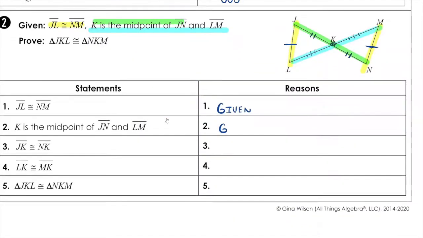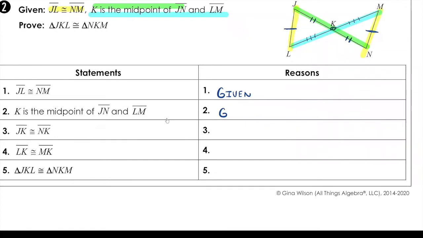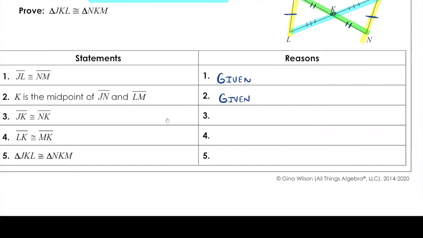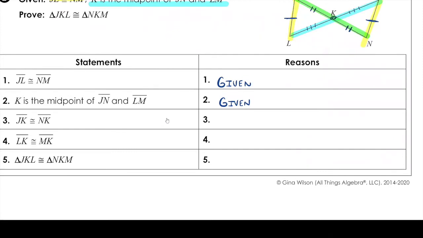All right, so how do we know K is the midpoint? They told us. How do we know JK is congruent to NK? So that's our green.